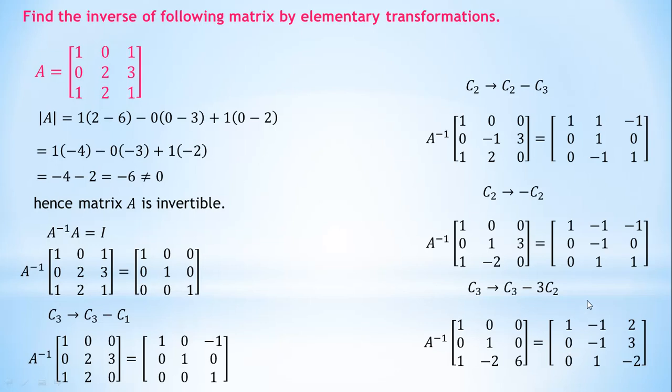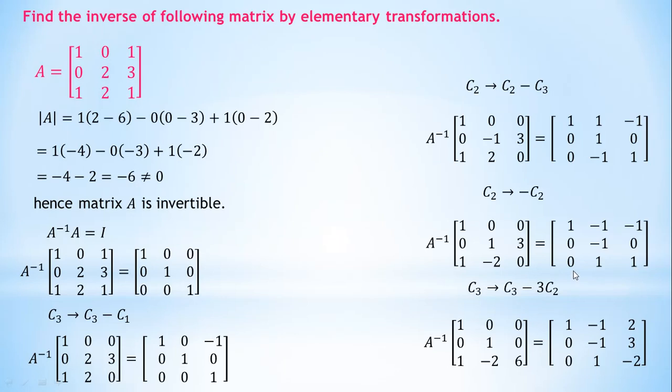first column as it is, second column as it is, and in the third column what will you get? Now see here, minus 1 minus 3 into this. So minus 1 plus 3, that is 2. Then 0 minus 3 into minus 1, so 0 plus 3, that is 3.